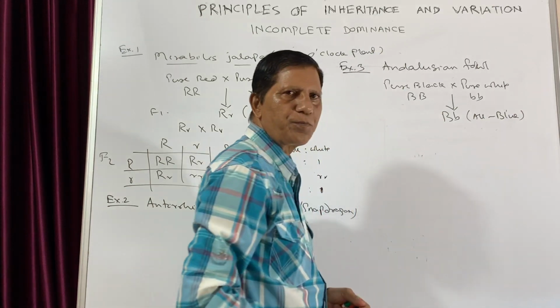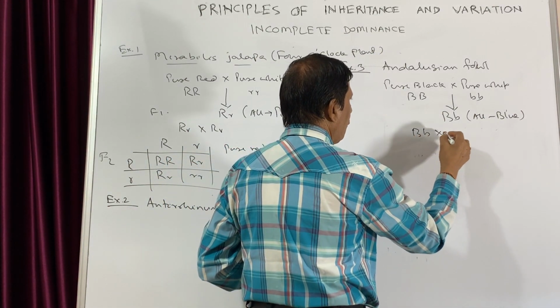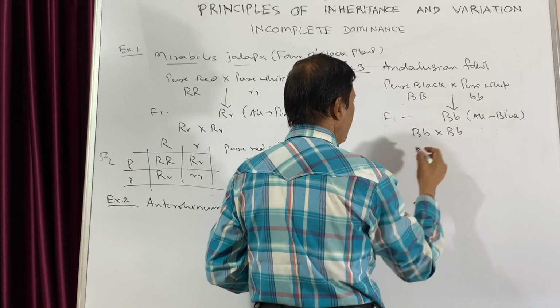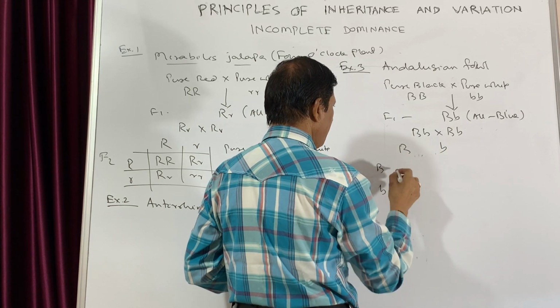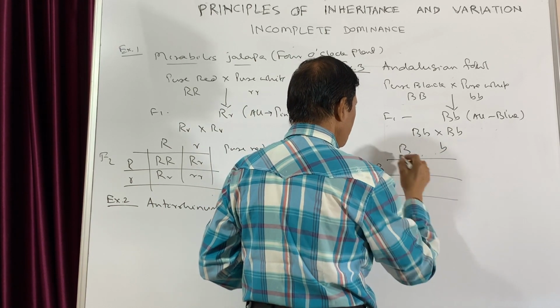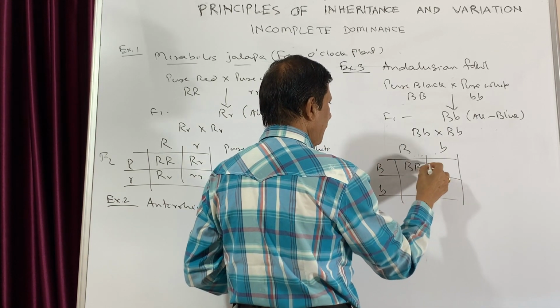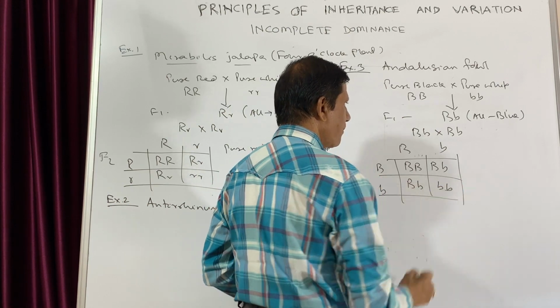Well, blue. And when two such blue F1 hybrids were intercrossed, this is capital B, small b, this is also capital B, small b. So from this Punnett square, we'll get capital B capital B, capital B small b, capital B small b, small b small b.